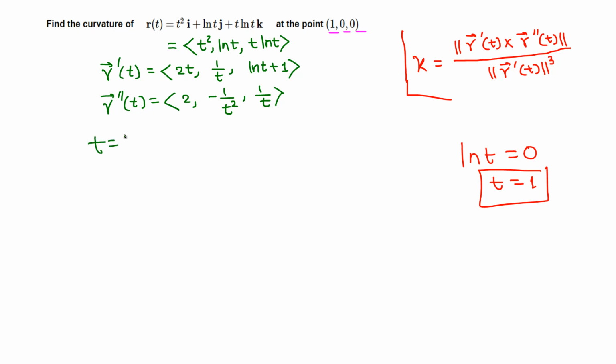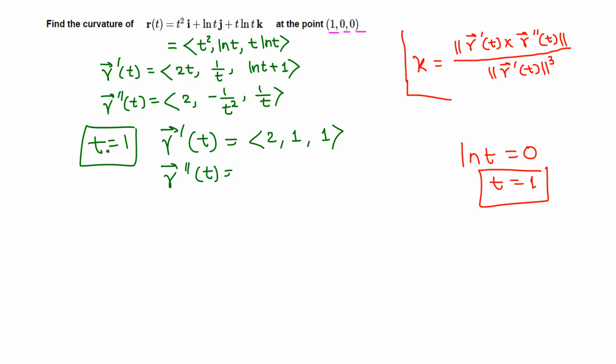Okay, t is 1. Now with this, r prime of t is 2 times 1, 2, 1 over 1, just 1, natural log of 1 is 0 plus 1, just 1. How about the second derivative? At t equals 1, this is 2, negative 1 over 1 squared is just negative 1, and 1 over 1 is 1.